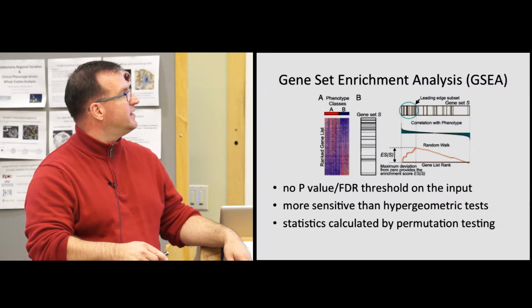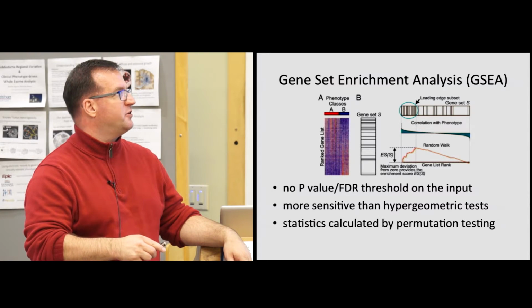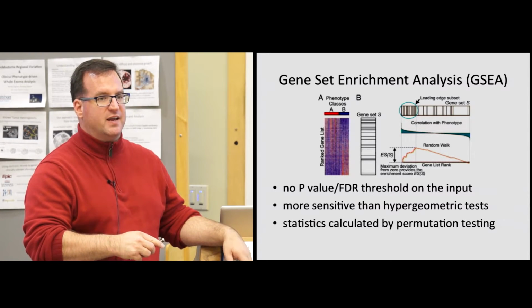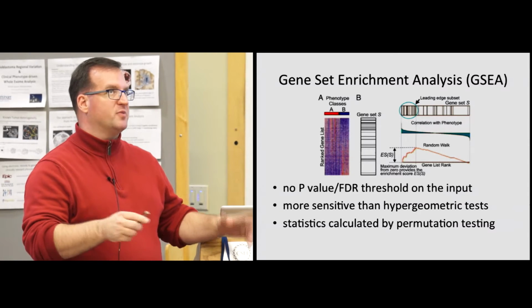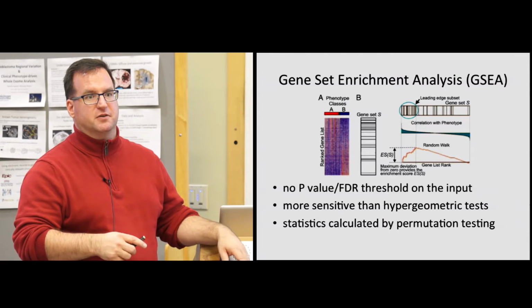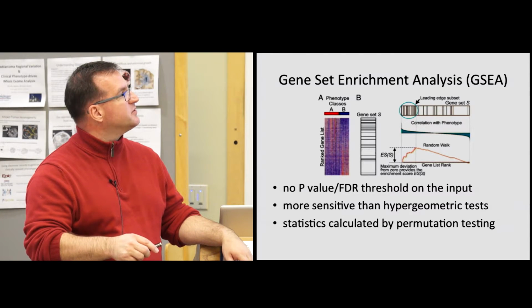It's something of a counting exercise where you get a +1 for every gene that's in the set and a -1 for every gene that's not in the set, normalized by the number of things you've already seen so far. So that's why it goes up and then it goes down.